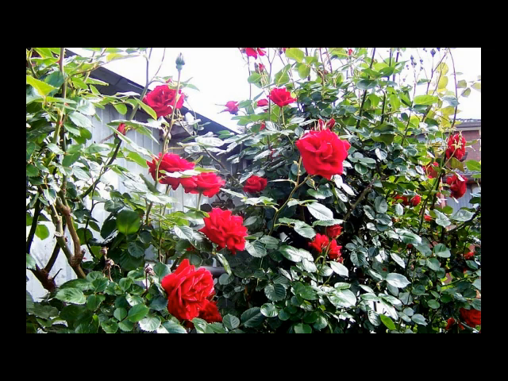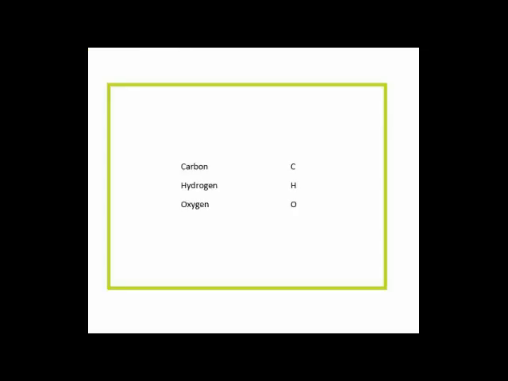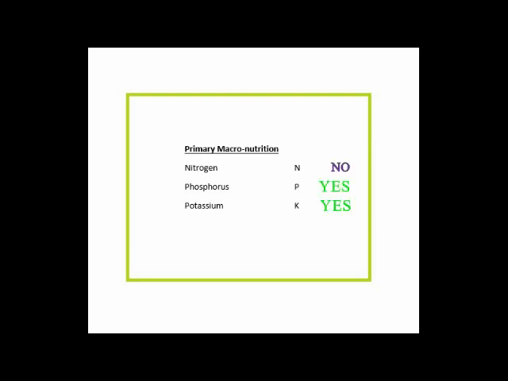So now it's time to take a closer look. What do the roses actually prefer? What do they want? Well, they want carbon, hydrogen and oxygen. They're not so keen on nitrogen, but they do like phosphorus and they do like potassium.